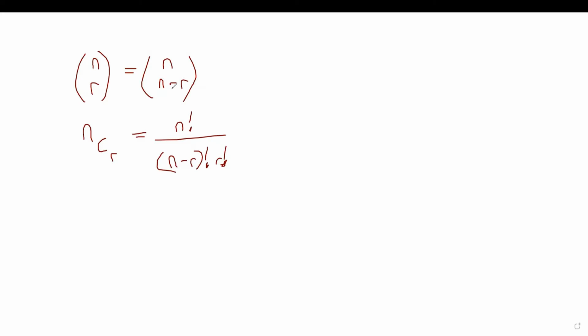Now this can be written as, I'm going to change the color here, n factorial over, in brackets, n minus (n minus r), close the bracket, factorial, multiplied by n minus r factorial. I'm going to explain what I just did.